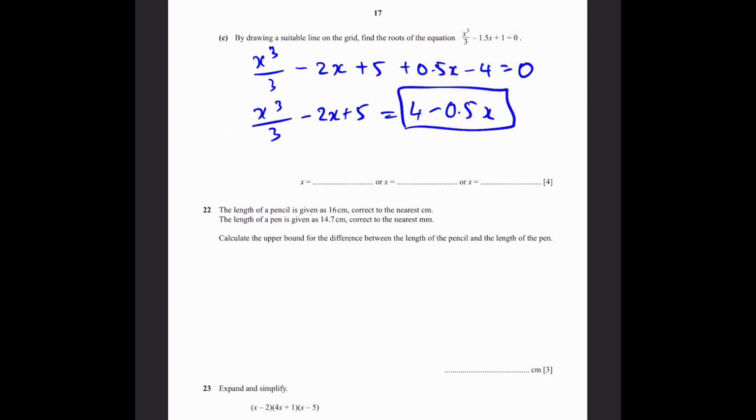So now we can make a table of values, x, y, and something like this. Now minus 3, minus 1, 1, 3. I'm just making 4 points, but you can add more if you want. And that'll be 5.5, 4.5, 3.5, and 2.5.